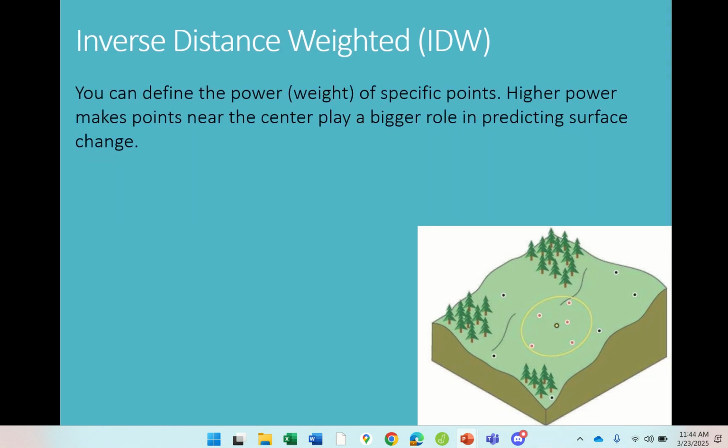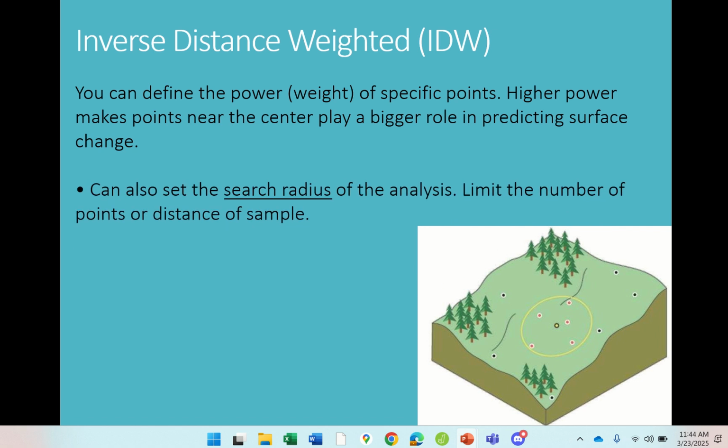So the first one I'm going to look at is the deterministic method of inverse distance weighting, IDW. The essence of IDW is that it takes a series of observation points around the location you're trying to predict or model, and it assigns the value based on the values around it, but also on the distance those observed points are from the point you're trying to interpolate.